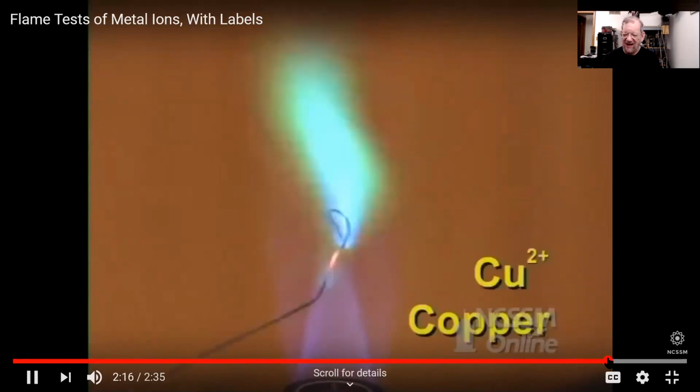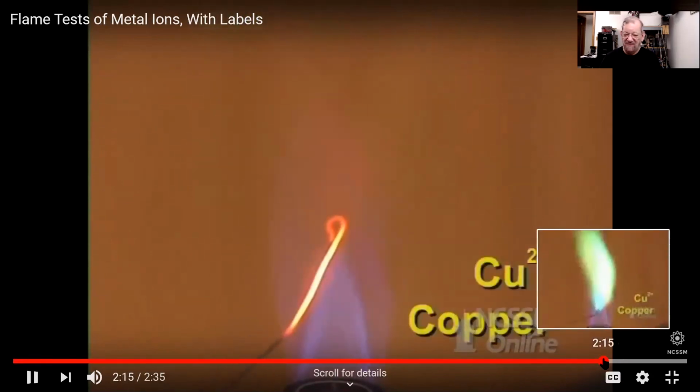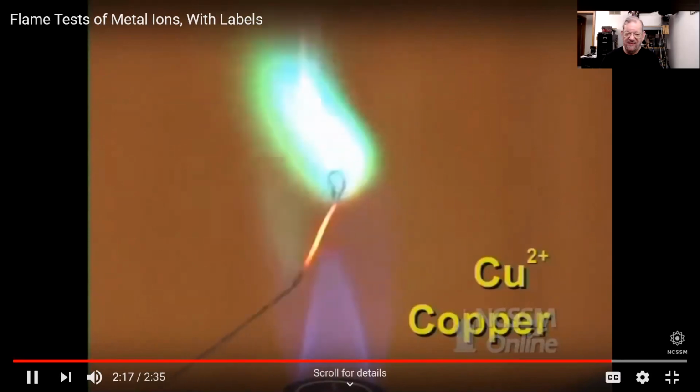And let's do one more, copper, most vivid of all of them.